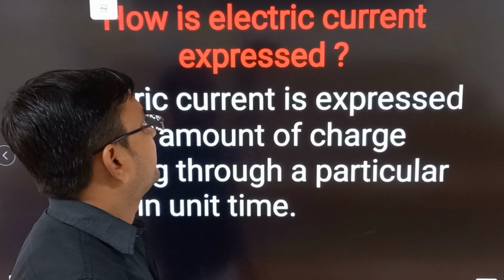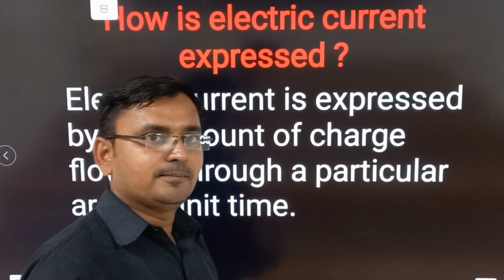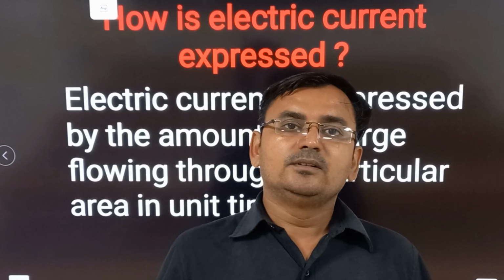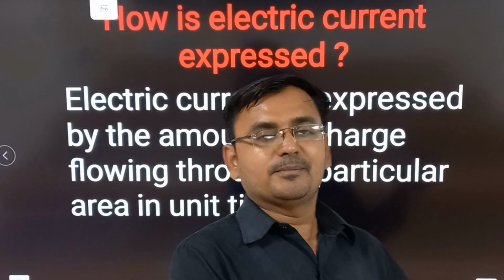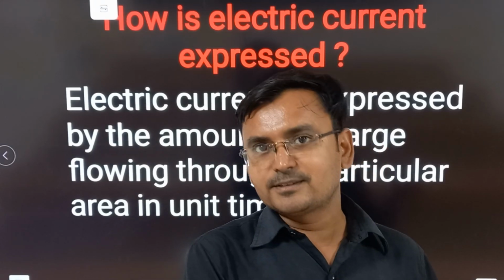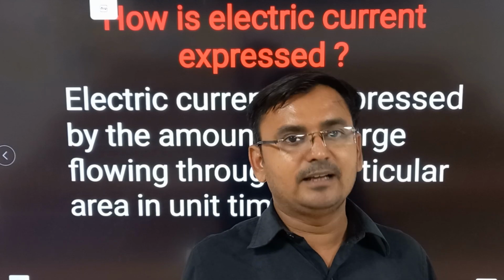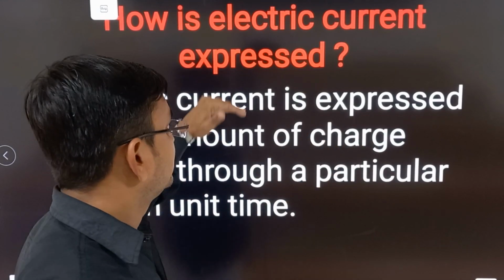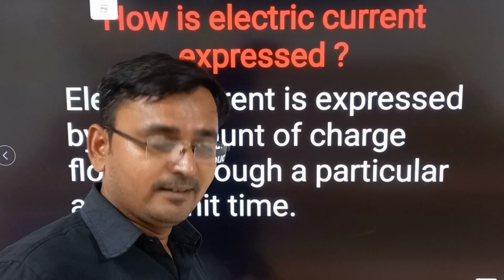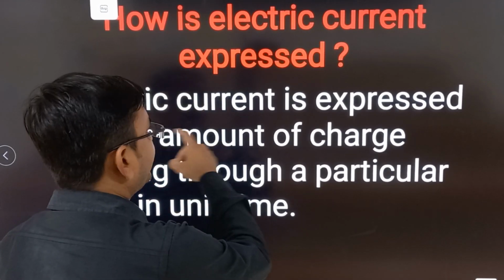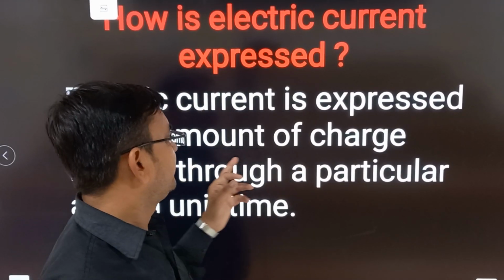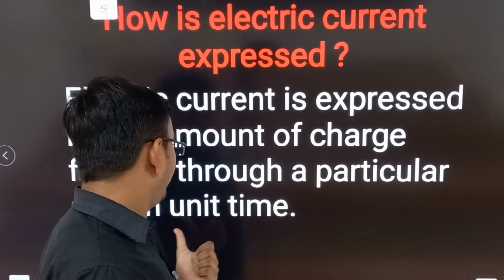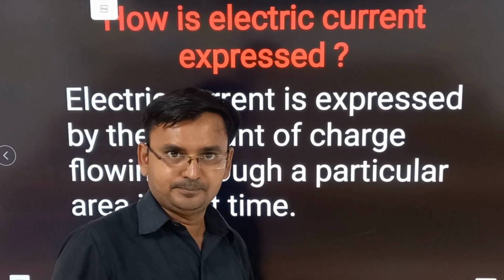How is electric current expressed? See, in mathematics there are some expressions. By using expressions we can express different formulas, different equations. So now the question is, how can we express electric current, right? Electric current is expressed by the amount of charge flowing through a particular area in unit time.